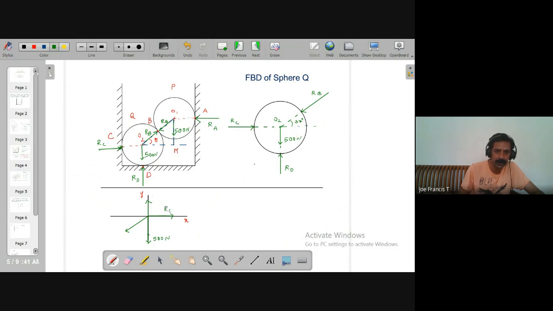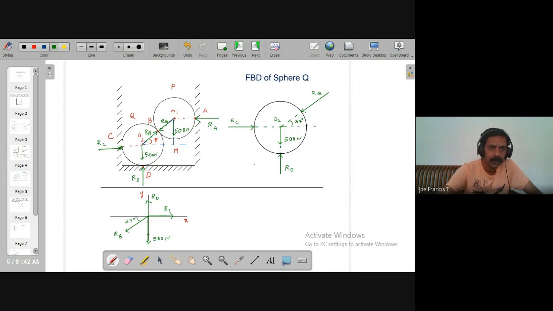This is RD, vertically up. And this is RB, making an angle of 37 degrees with the horizontal.